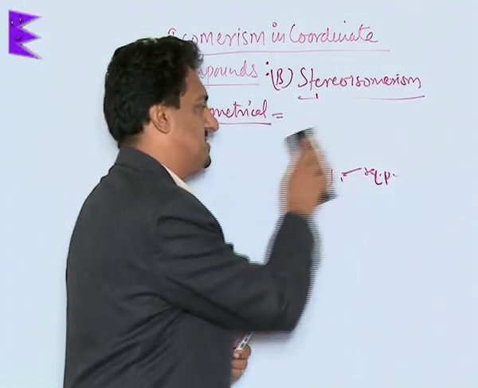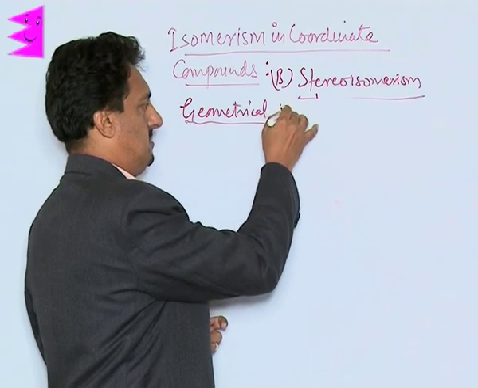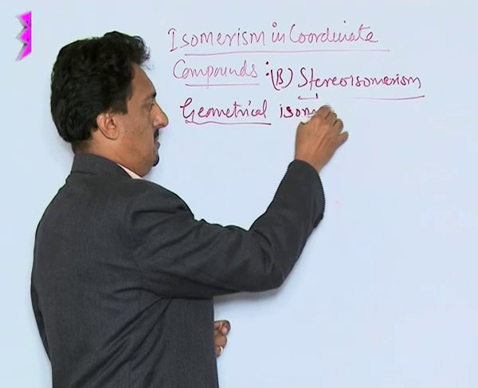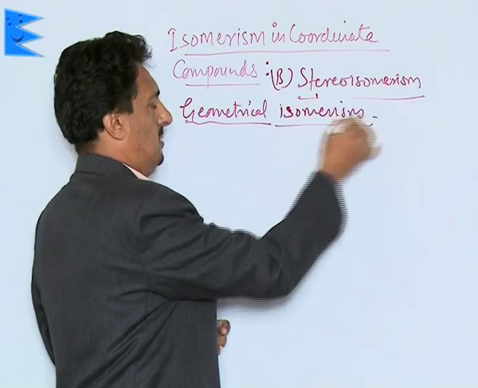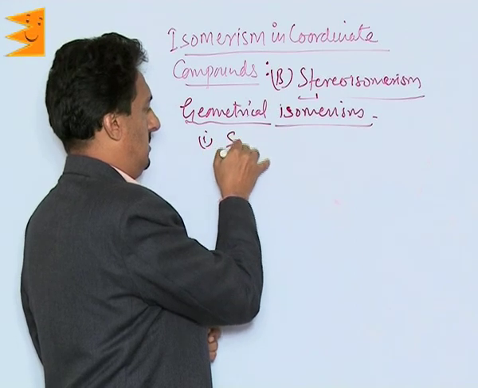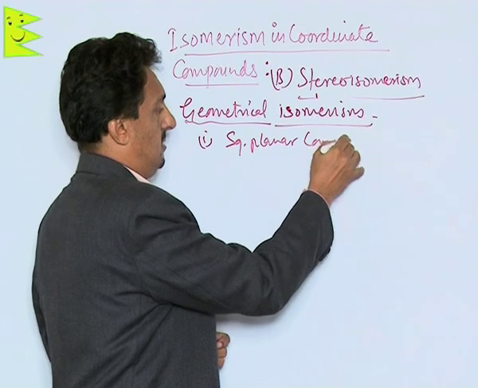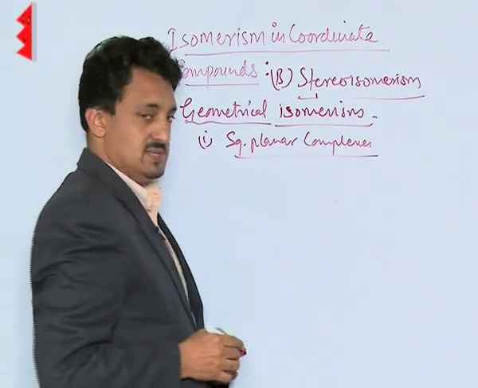Now let us first see the geometrical isomerism in square planar complexes.